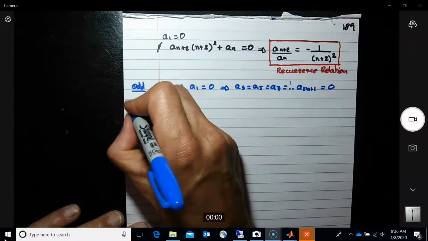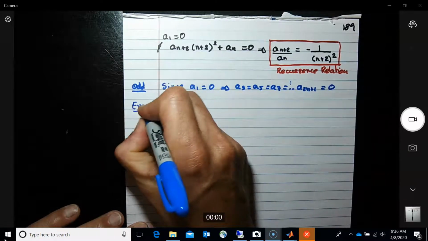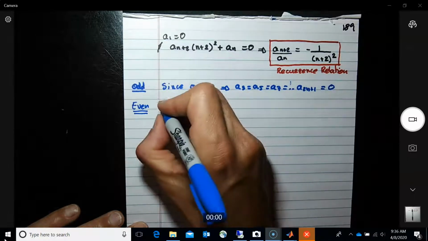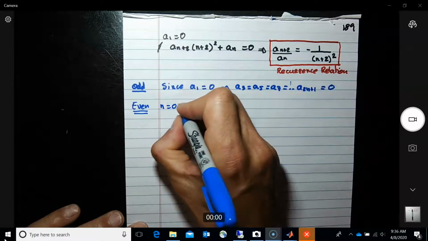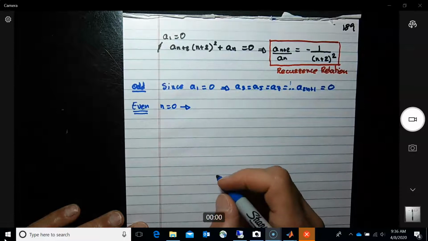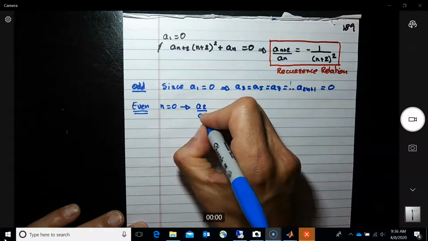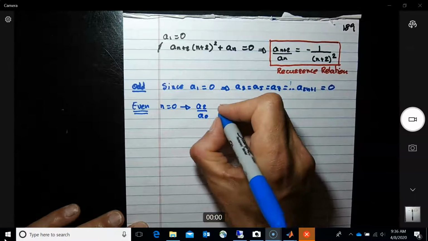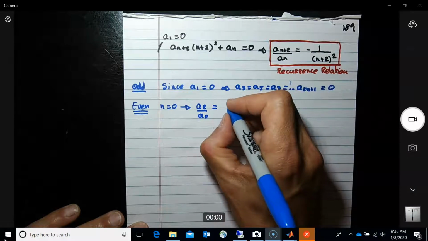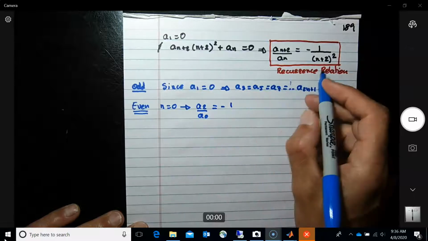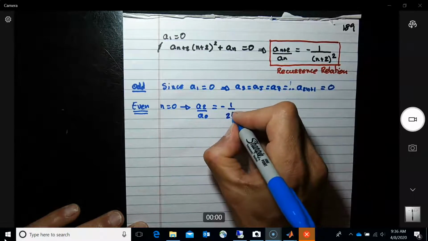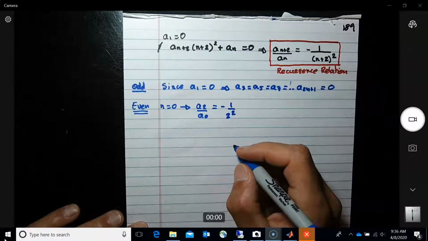So for even coefficients, let's say if n equals 0, what do we have? a2 over a0 will be equal to minus 1 over 2 squared.